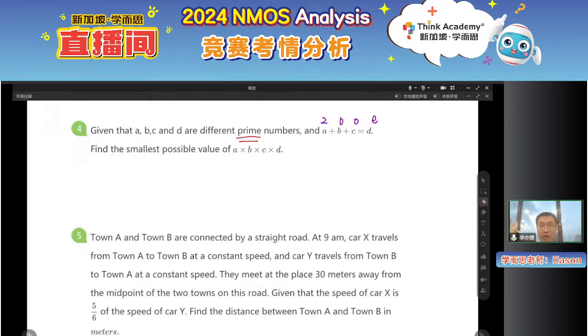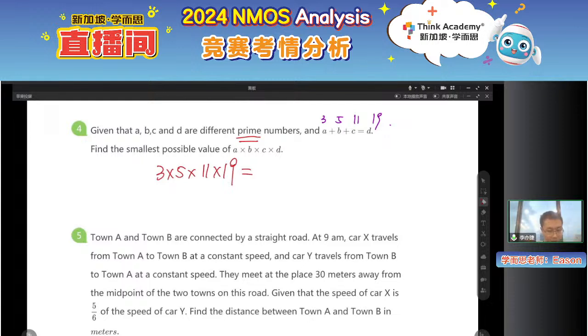But an even number cannot be prime except for 2, which means we cannot have a 2. So the smallest numbers can start from 3, 5, and 7, but the sum is 15. Then try a slightly larger one, 3, 5, and 11. Yes, this makes 19. So the smallest product should be 3, 5, 11, 19.